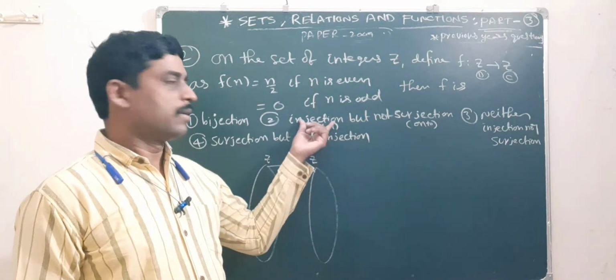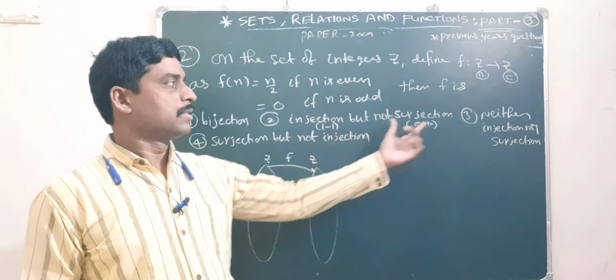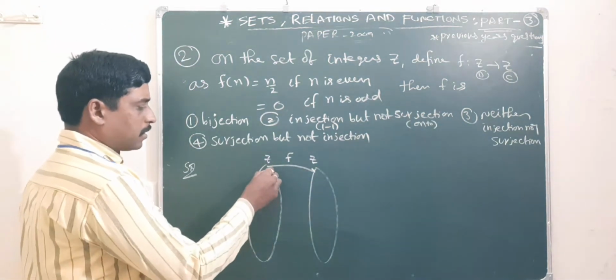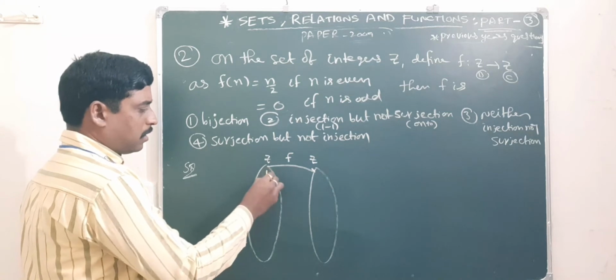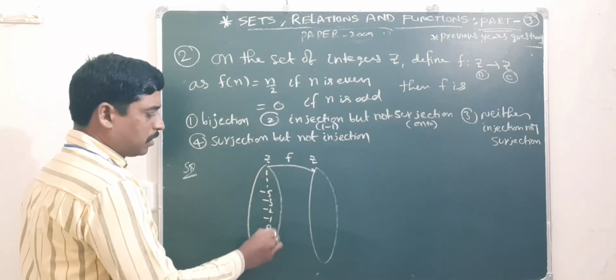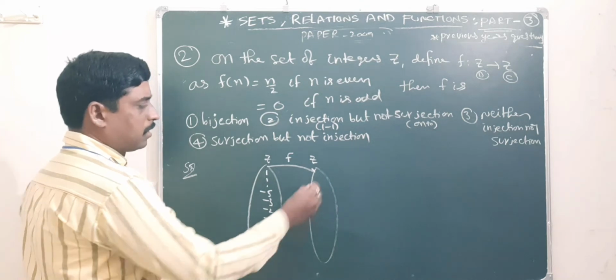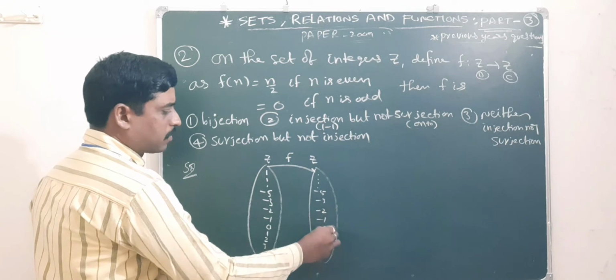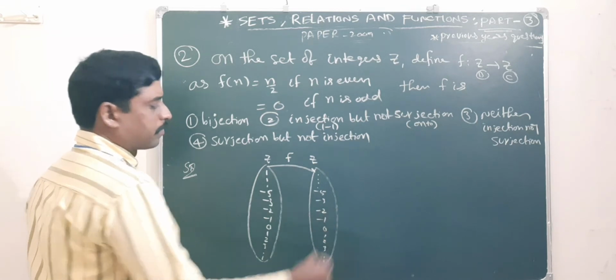So injection is the other name for 1-1. Surjection is the other name for onto. Right, integers: minus 5, minus 3, minus 2, minus 1, 0, 1, 2, 3 and so on.